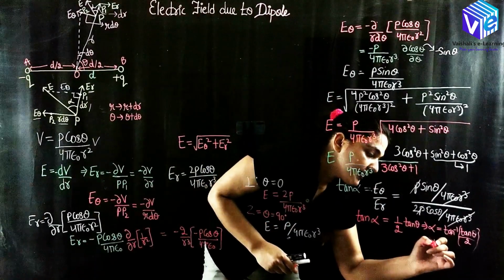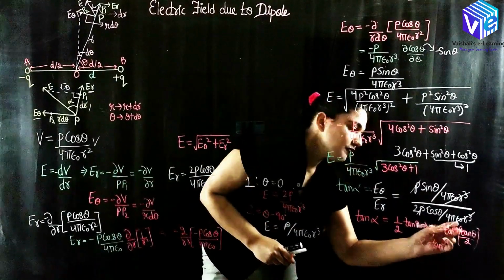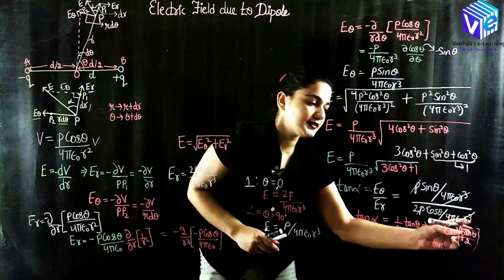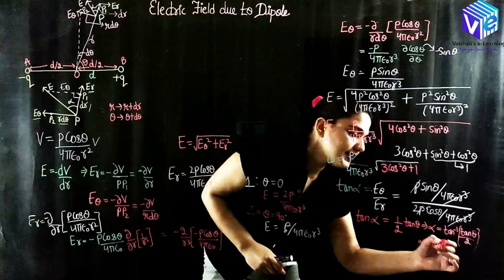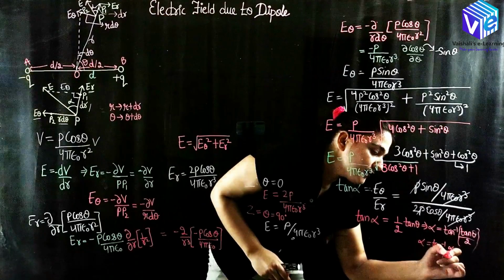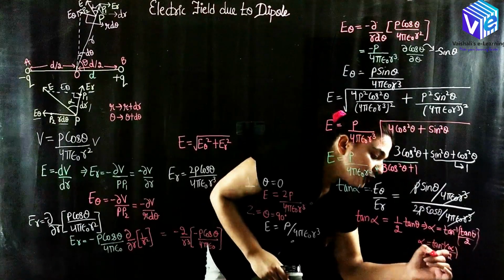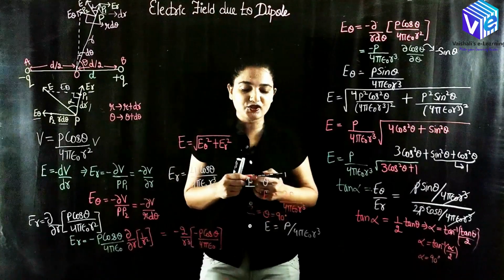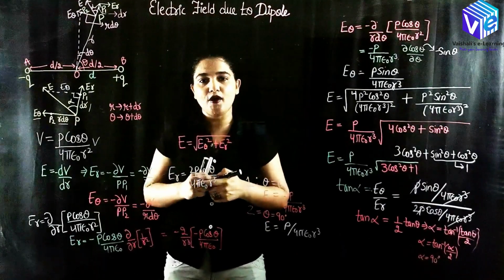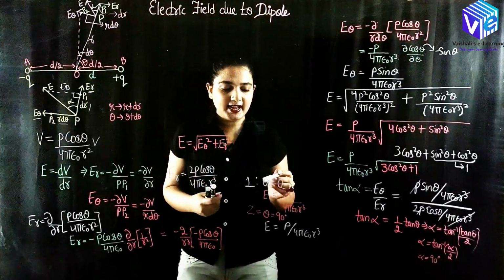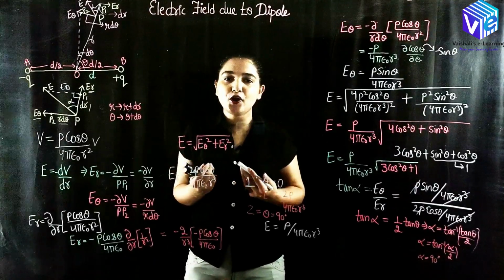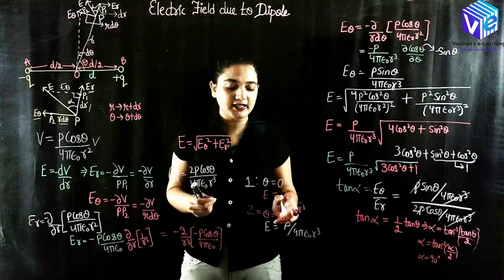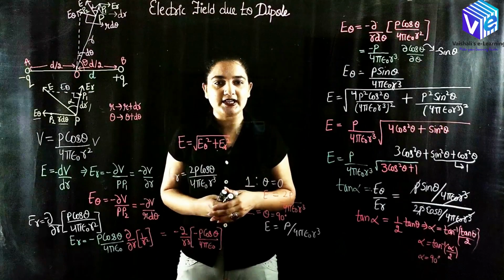Alpha will be given as tan inverse of tan theta upon 2. Now theta is 90 degrees, tan of 90 is infinity, tan inverse infinity upon 2, so alpha is 90 degrees. This is the condition which is called broadside-on condition. So the first case, when theta is 0, is end-on condition. The second case, when theta is 90, is broadside-on condition.